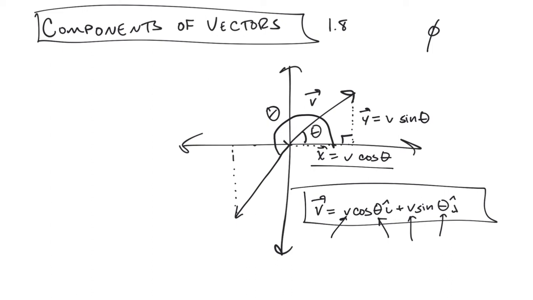And if you do that, all of your positives and negatives work out. You get the right components. Everything is great. If that's not comfortable for you, you can measure it from wherever you like. Just make sure that you're using the trig functions that are appropriate and including signs as necessary.